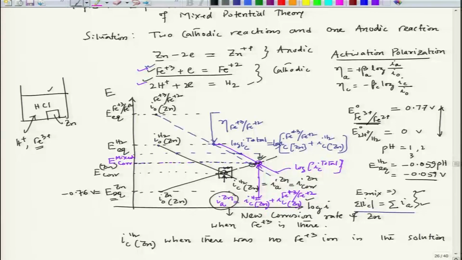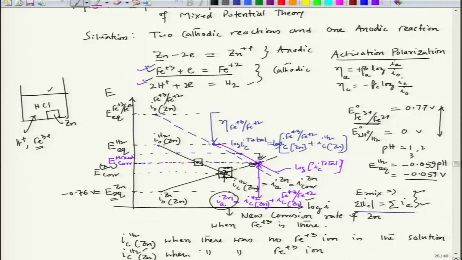Corresponding to this point, this is the new point, I would say, hydrogen over zinc when there was Fe plus 3 ion. So, let me put it as prime.